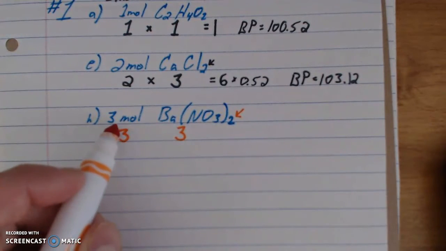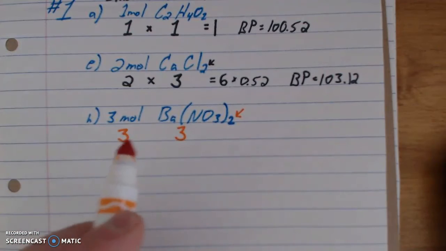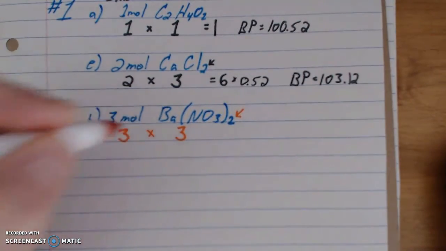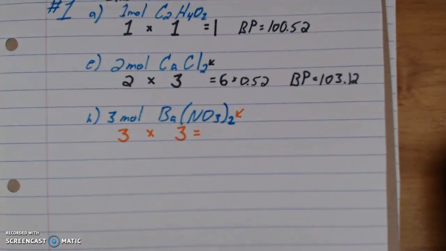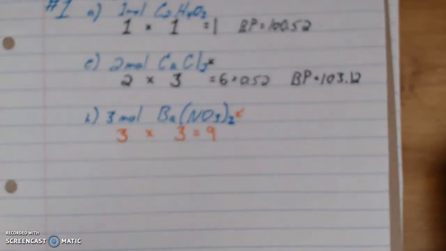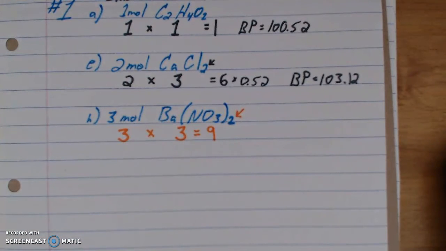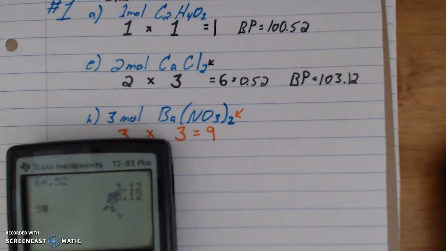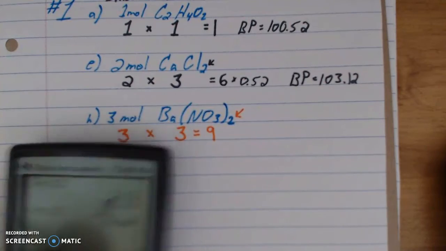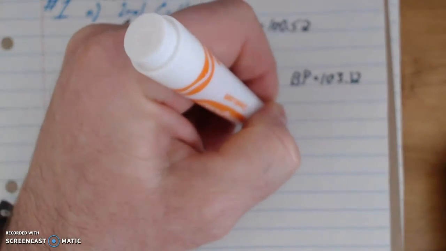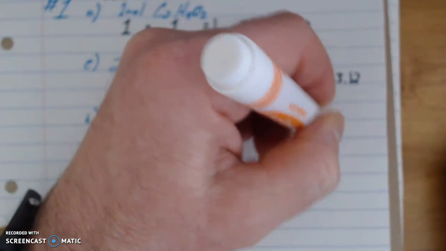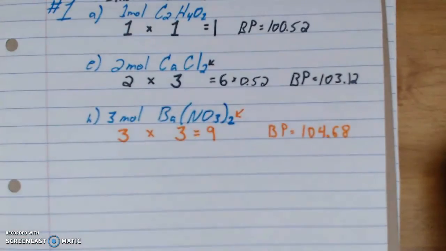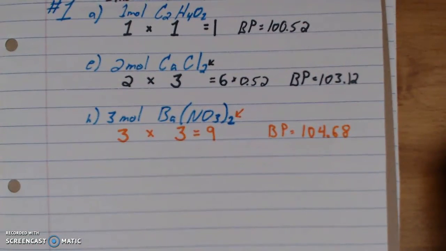So if we have 3 barium nitrates, each barium nitrate makes 3 dissolved ions. How many dissolved particles or ions do we have in all? That's right, that would be 9. 9 whole new particles. So let me do the math. 9 times 0.52 is 4.68, so my new boiling point is 104.68. You dig?